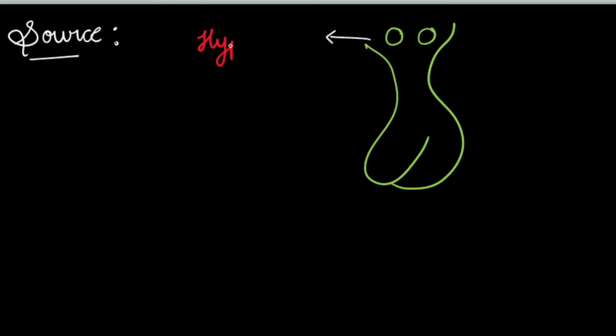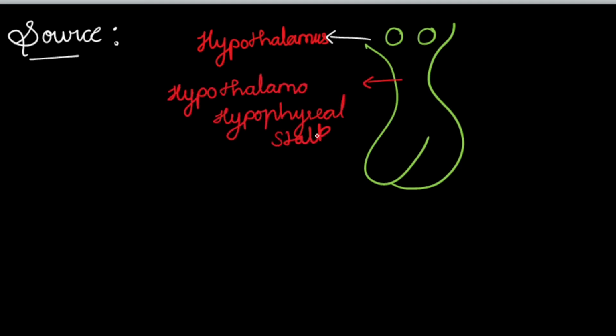So this one is the hypothalamus, which is situated above the pituitary gland, and this is the hypothalamo-hypophyseal stalk, and this is our anterior pituitary, and this is our posterior pituitary gland.